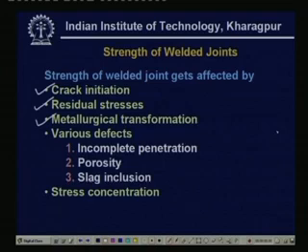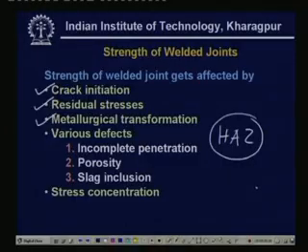Near the heat affected zone the grain size becomes coarser because of the heating, and that makes the strength low. So the strength gets affected in the heat affected zone due to the metallurgical transformations.